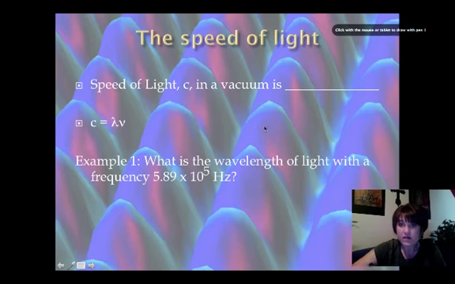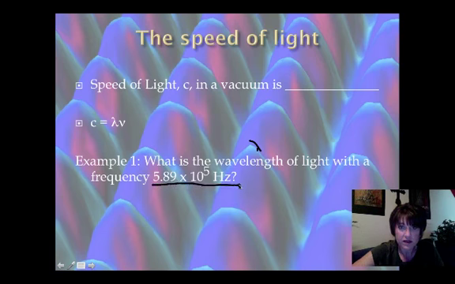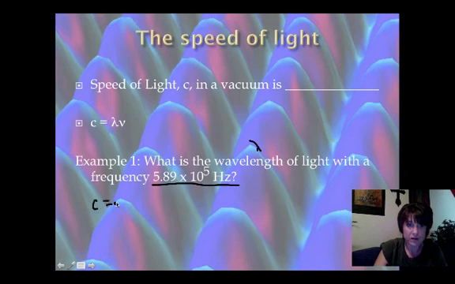Example 1 asks, what is the wavelength of light, so we're looking for lambda, that has a frequency of 5.89 times 10 to the 5th hertz. Here's how we would set that up. We know that c is equal to lambda nu. We're trying to solve for lambda, so c divided by the frequency ought to solve for lambda.